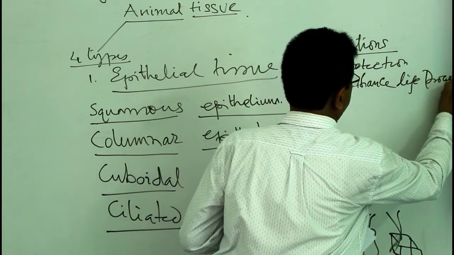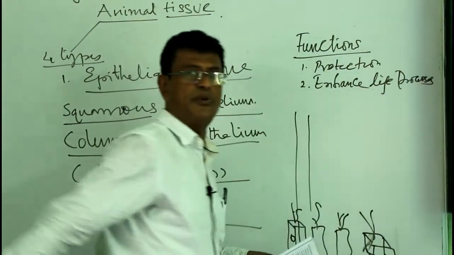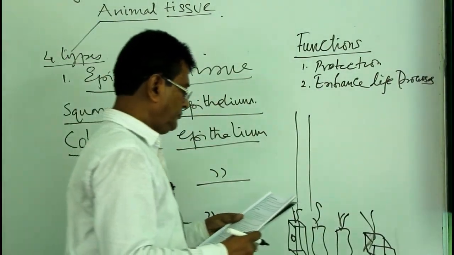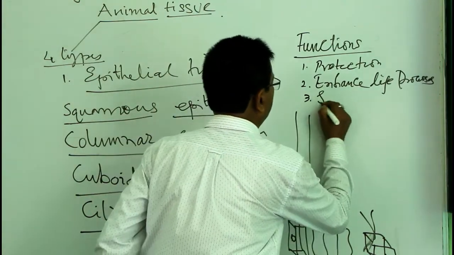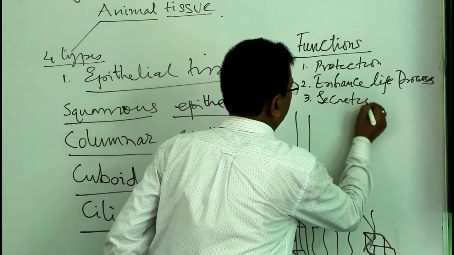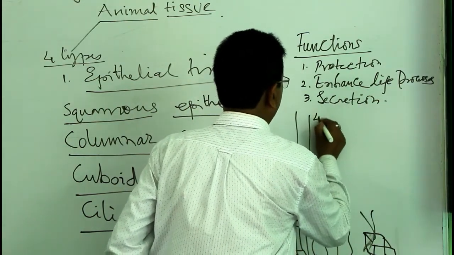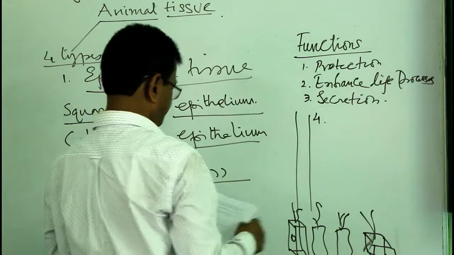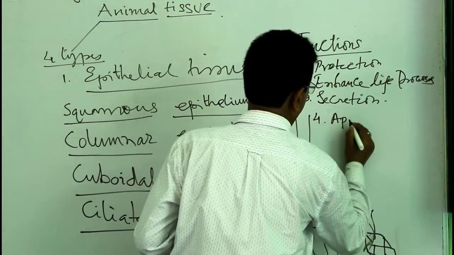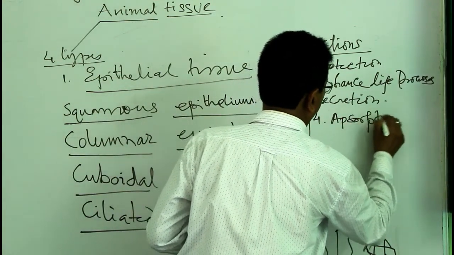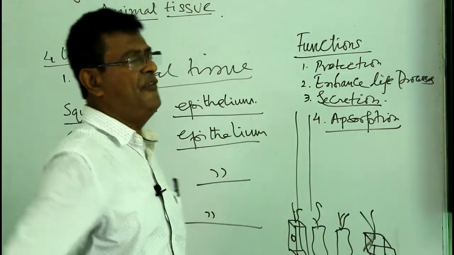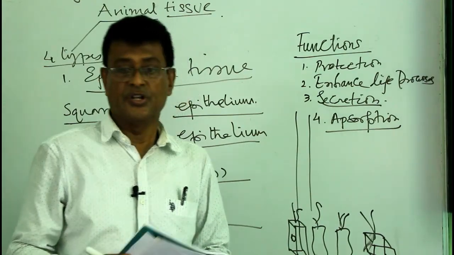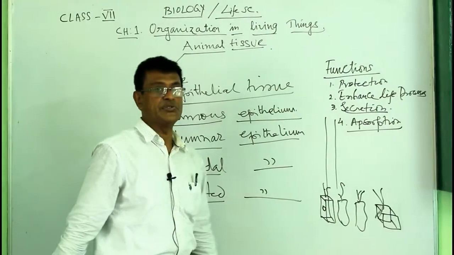Number three, secretion, and number four, absorption. Secretion of different kinds of enzymes and absorption of food. So this is all about the epithelial tissue.